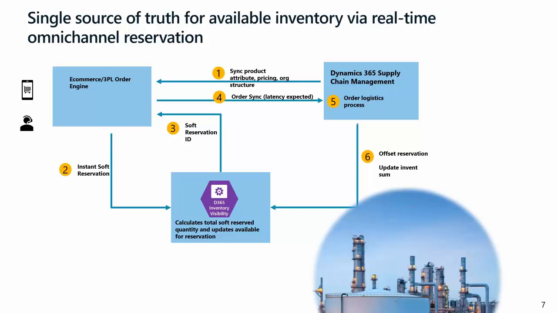And to represent the example on the previous deck, let's say the initial on-hand here is 100 stocks. And this information will be synchronized into inventory visibility as usual.